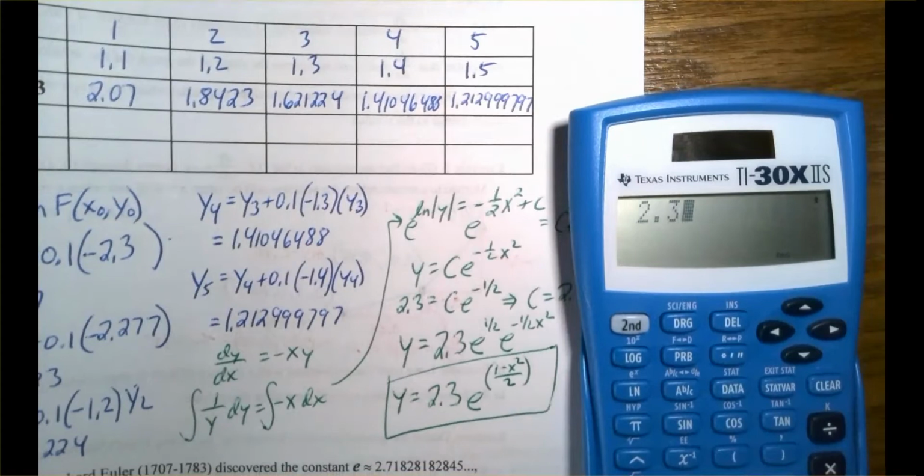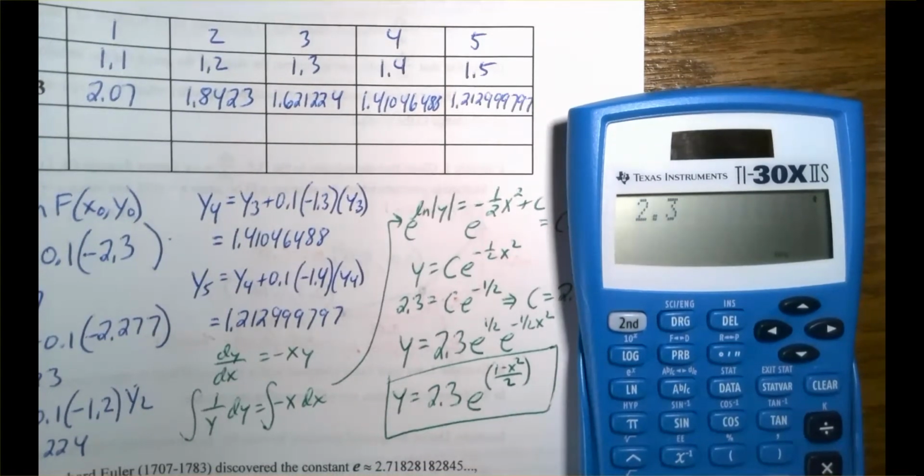So first let me do 1, enter, and then 2.3 times e raised to the (1 minus x squared) would be answer squared, divided by 2, and that'll close the exponent part there.